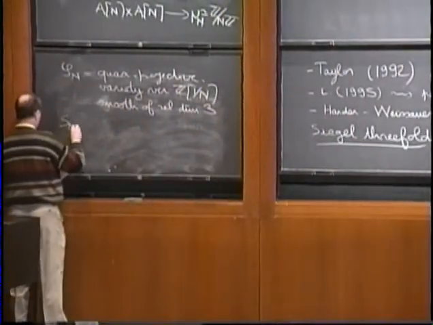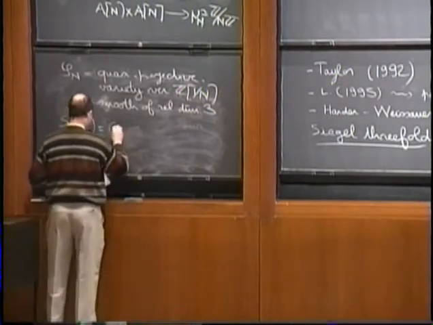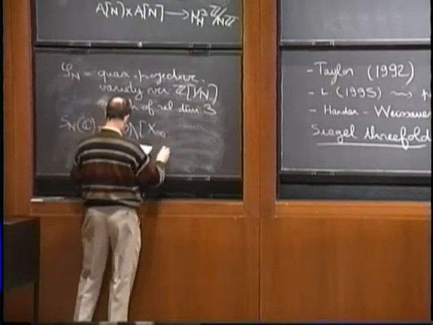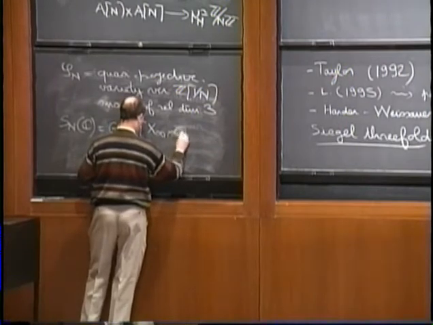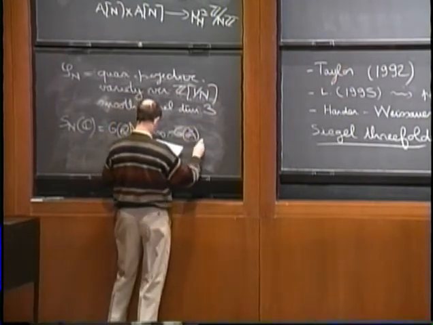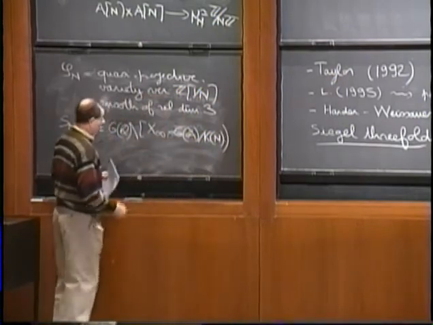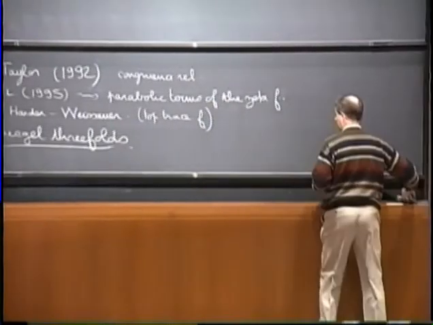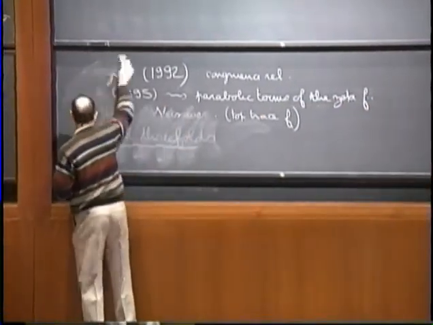So the complex points are given by the usual formula, G(Q) \ X_infinity x G(A_f) / K_n, where X_infinity is a union of the upper and the lower Siegel upper half plane.